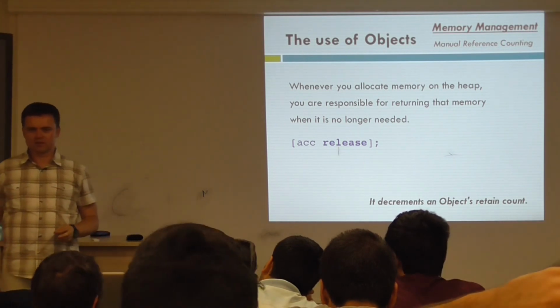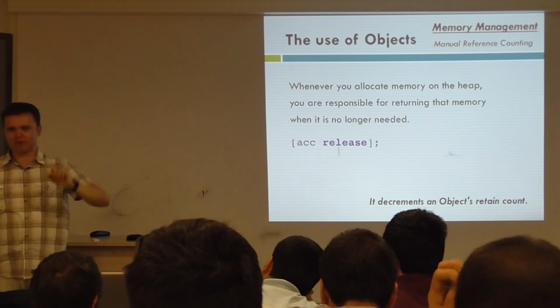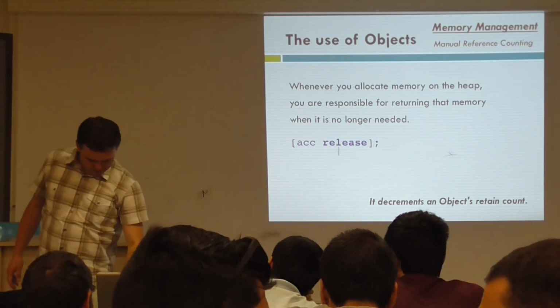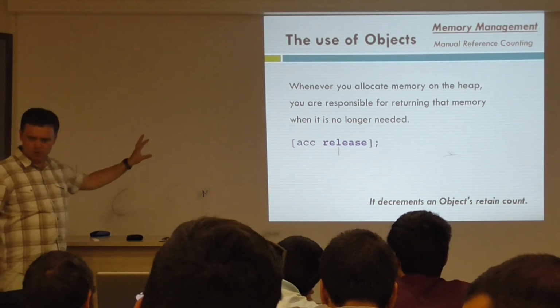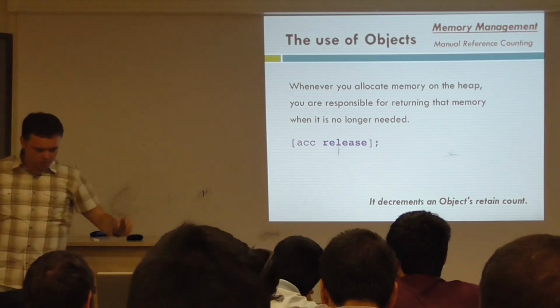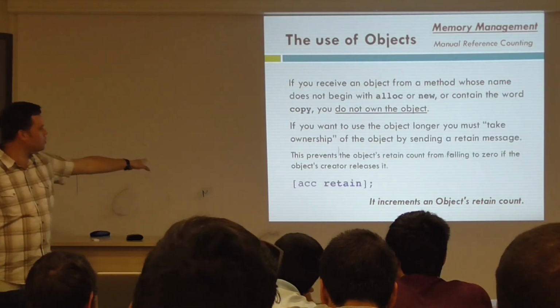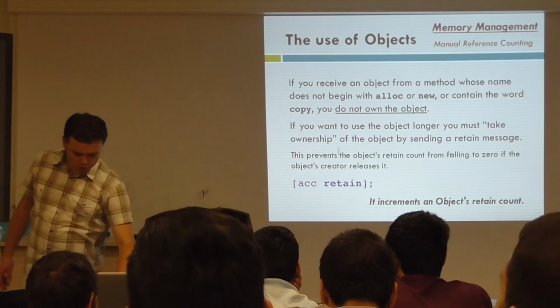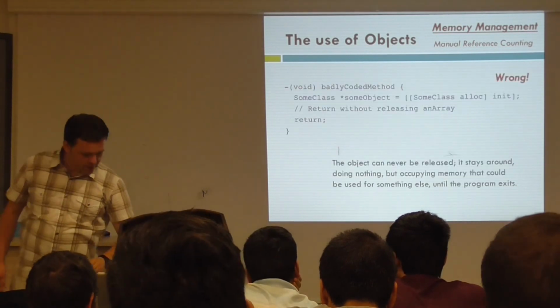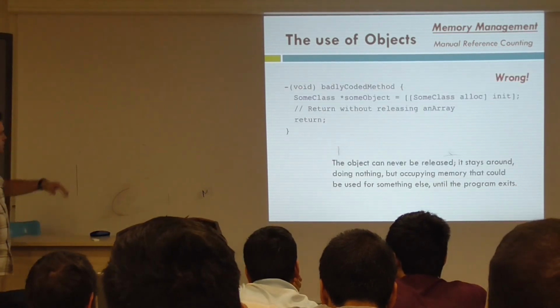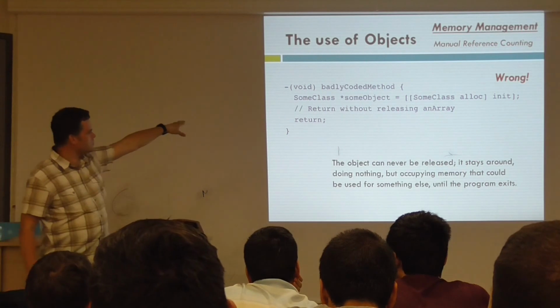An association to this memory. Do you understand it? So you can use release before return if you want to be sure. And now some example.